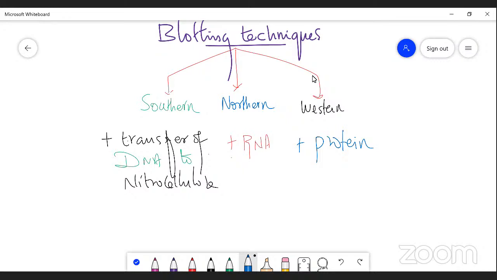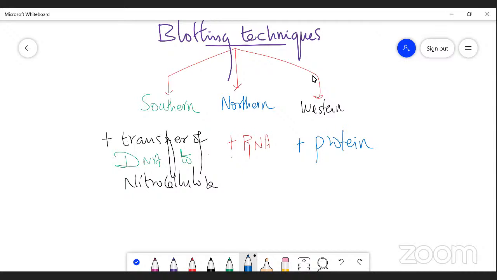On the other hand, I can say blotting technique is a tool employed for identification of a particular nucleic acid, either DNA or RNA. It is an analytical method for identification and specification of particular nucleic acids.